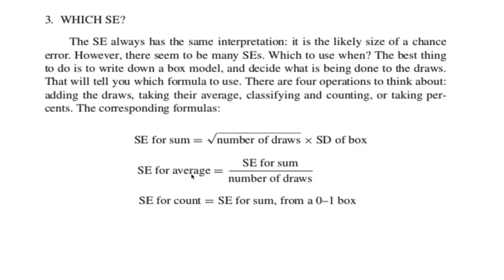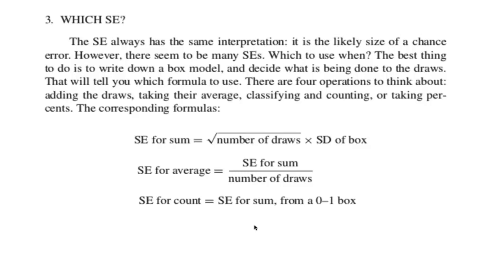How about the SE for count? This is where I have maybe a survey and I want to count the number of Democrats or Republicans. So this is good for surveying. The SE for count is the same thing as the SE for sum, except that my sum is from a box of 0s and 1s.